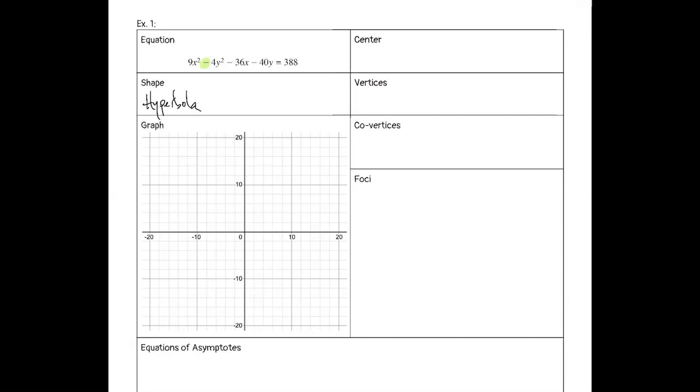Now, I said earlier that the letter that comes first tells us the direction that the branch is open in. But maybe to be more specific, the positive coefficient tells us which direction we're opening in. So the 9x squared, that 9 is positive, so I know my branches are opening side to side, okay?